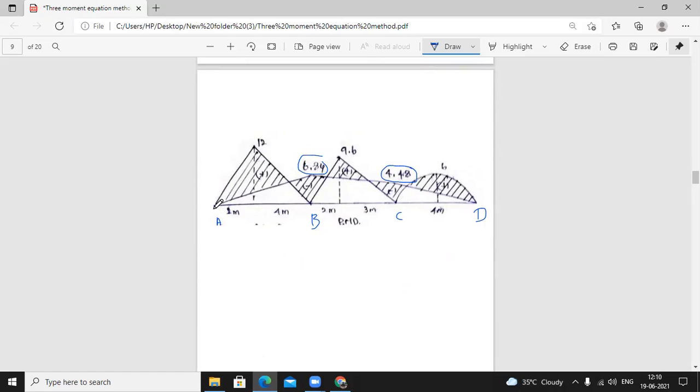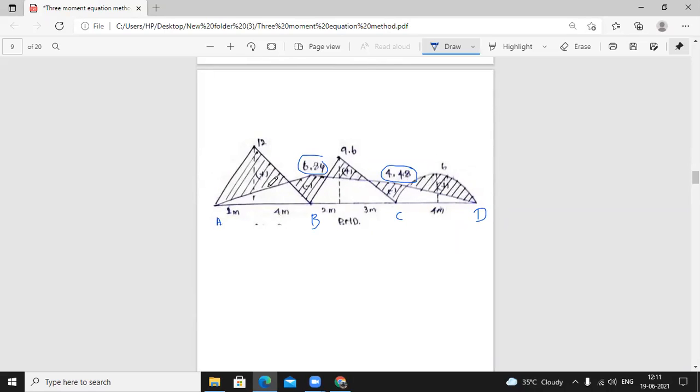At MA the moment is 0 and at MD the moment is 0. So start with 0 and draw a linear line up to 6.84 at B, and again it decreases from 6.84 to 4.48, and again at D point it is 0. So now this is the support moment diagram.